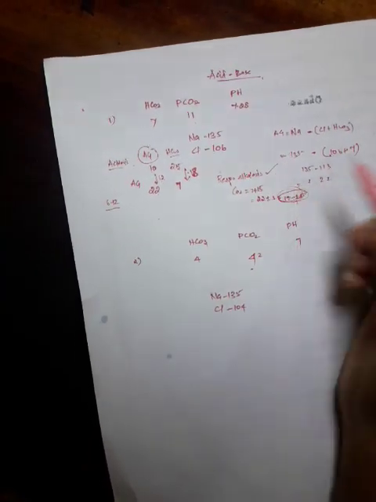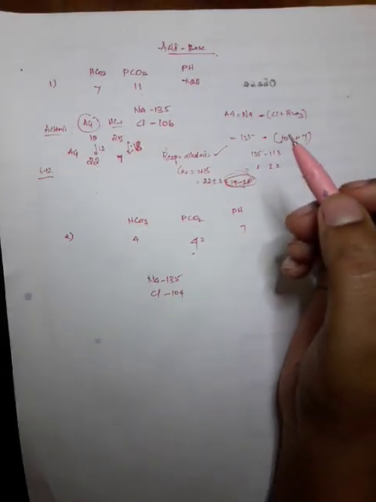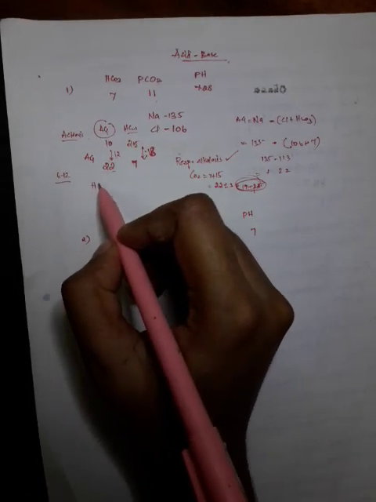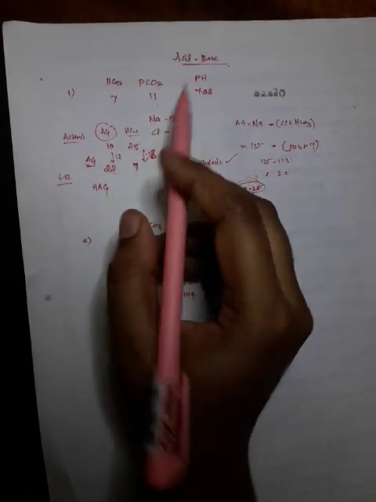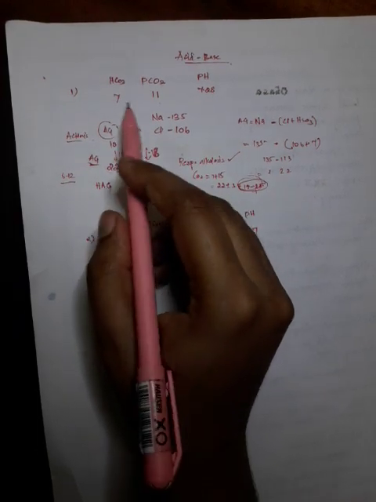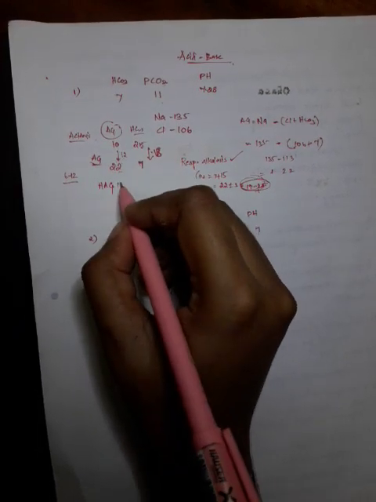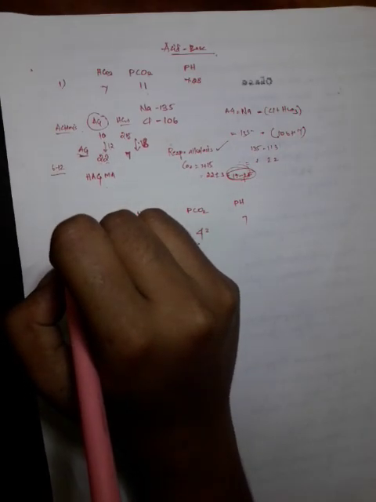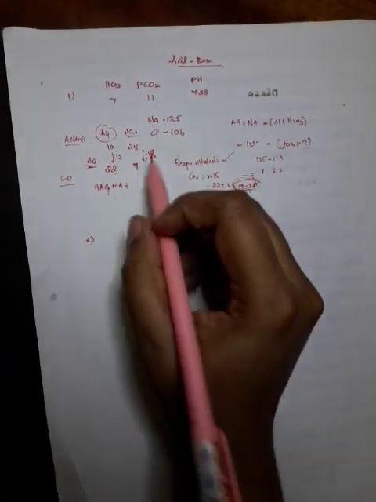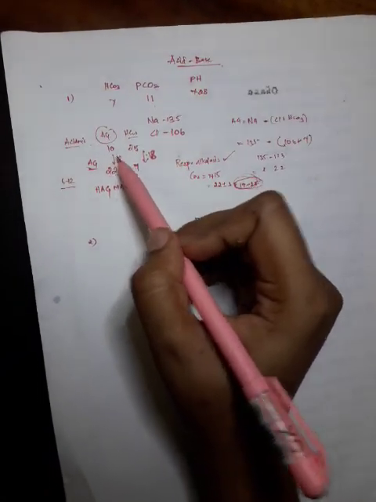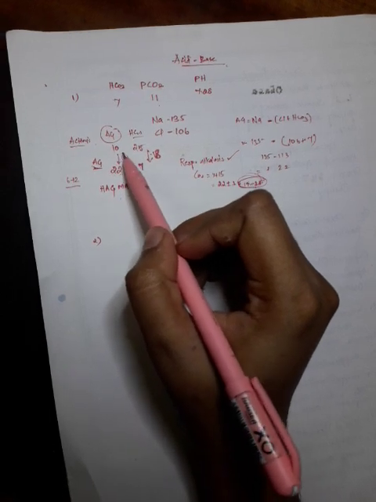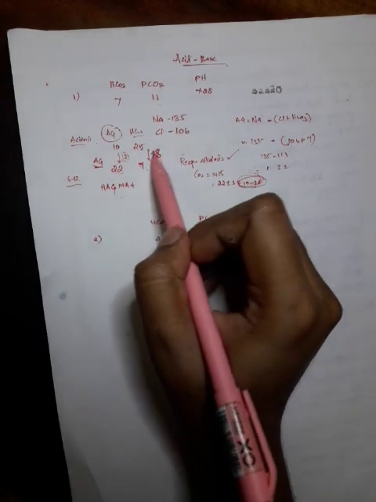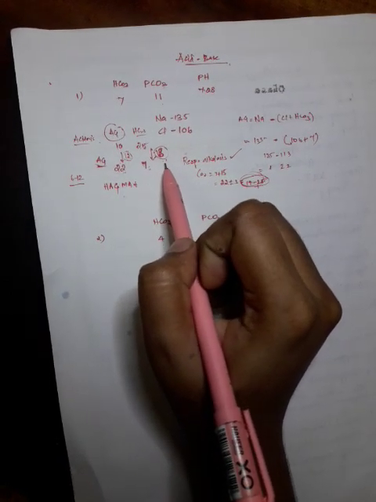So we have found out one thing. Second, the anion gap is high. A high anion gap is acidosis, and bicarbonate is also low at 7, so metabolic acidosis. Next, the anion gap has increased by 12, so bicarbonate should also decrease by 12, but it has decreased by 18.